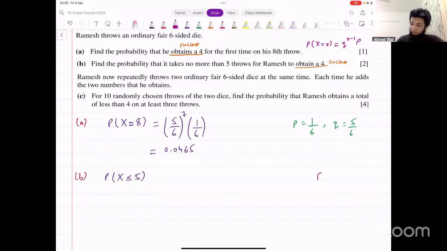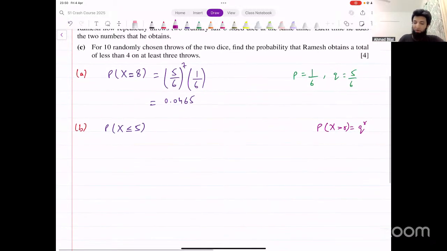Now, for inequalities, let's remember this formula. X greater than r, this probability is q raised to power r. Now, how do we convert it to that form? Less than or equal to 5 is 1, 2, 3, 4, 5. What are the numbers that we don't want? 6, 7, 8, 9, all the way to infinity.